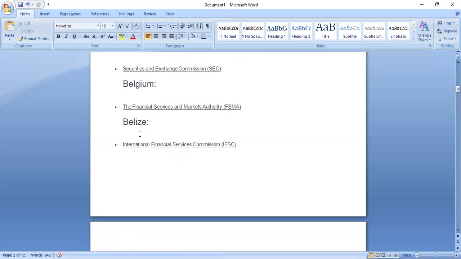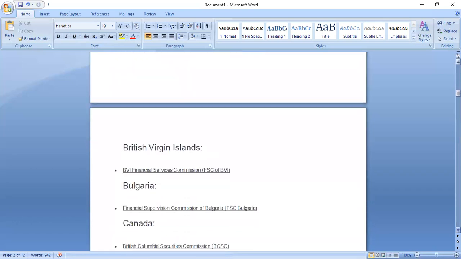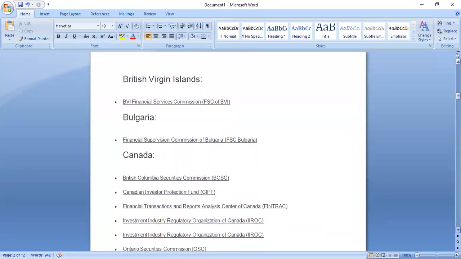Belize, if you sign up with any broker from Belize, the institution that regulates them is the International Financial Services Commission, IFSC. Aside from that, we have the British Virgin Islands, where we have the BVI Financial Services Commission, which is the FSC of BVI. When we go to Bulgaria, we have the Financial Supervision Commission of Bulgaria, which is FSC Bulgaria.